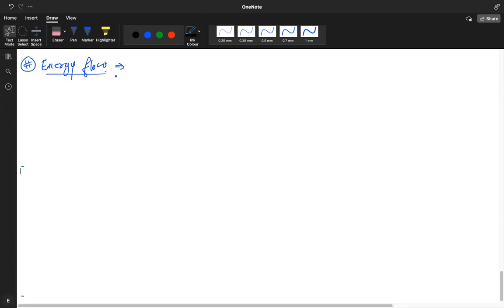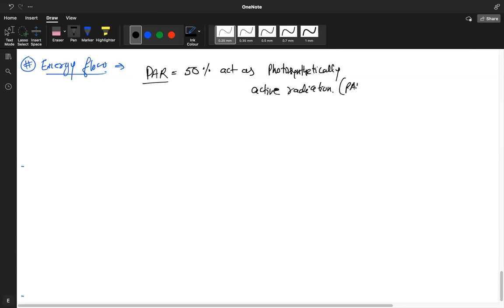Out of the total solar radiation that falls on the surface of the earth, only less than 50% acts as photosynthetically active radiation, also known as PAR.